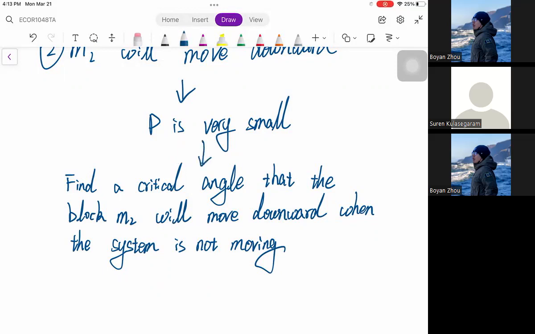Here we need to find that critical value for M2 to actually drop down.